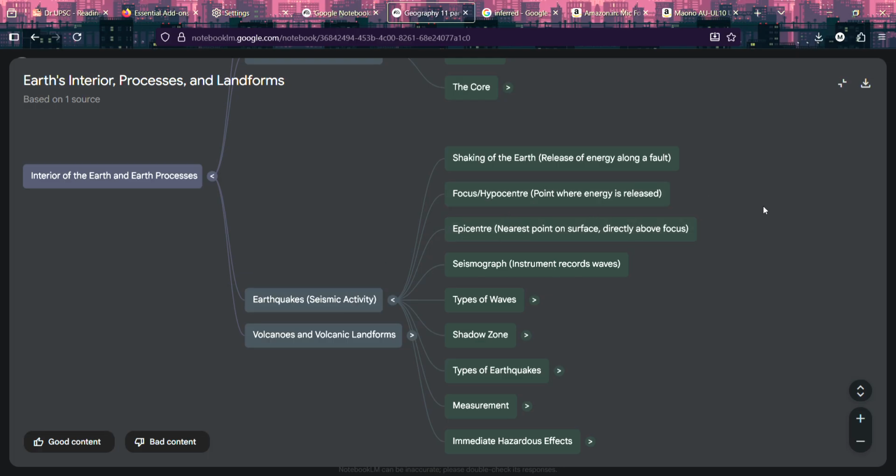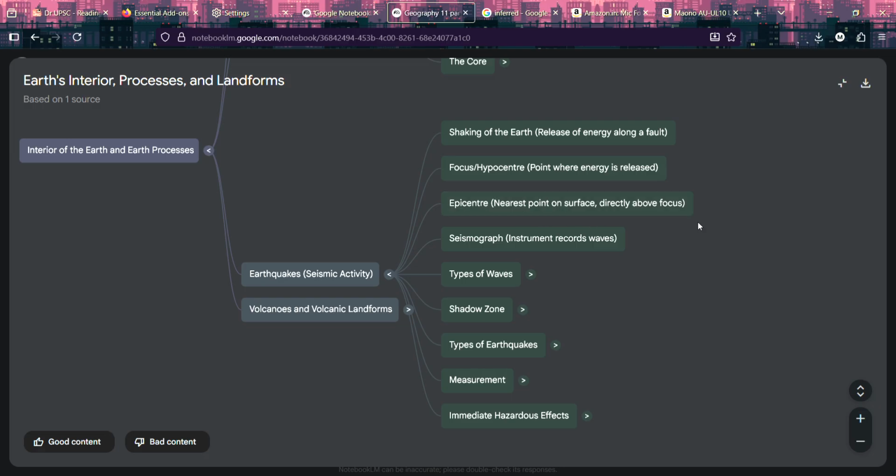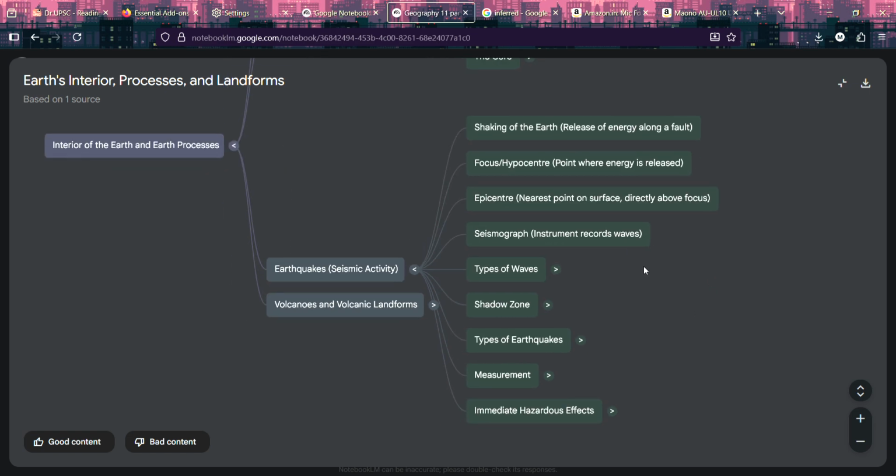The next is the epicenter, the nearest point on the surface of Earth, the surface directly above the focus, directly above where the energy is released. The next is the seismograph. It is an instrument to record waves.